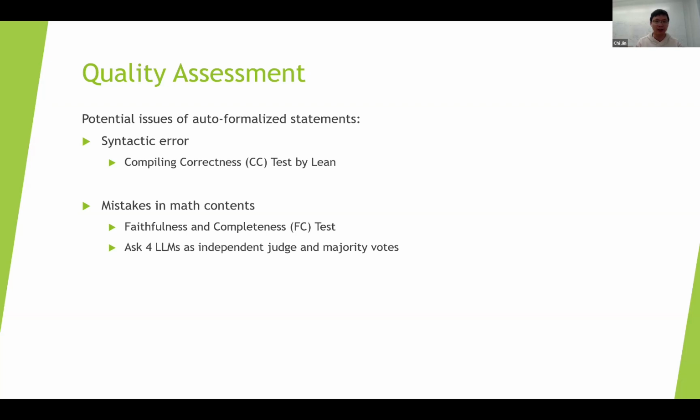So we use a fidelity and completeness test, where we ask a large language model to act as an independent judge of whether this is the right translation, based on a bunch of criteria we prompt it with, and then we take a majority vote. After these pipelines, we arrive at more than 1 million formal statements that pass both tests, and we use those as our training dataset.